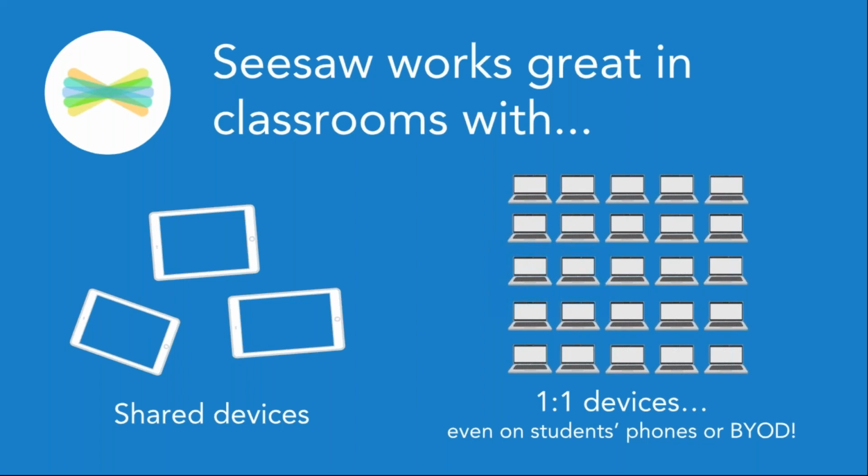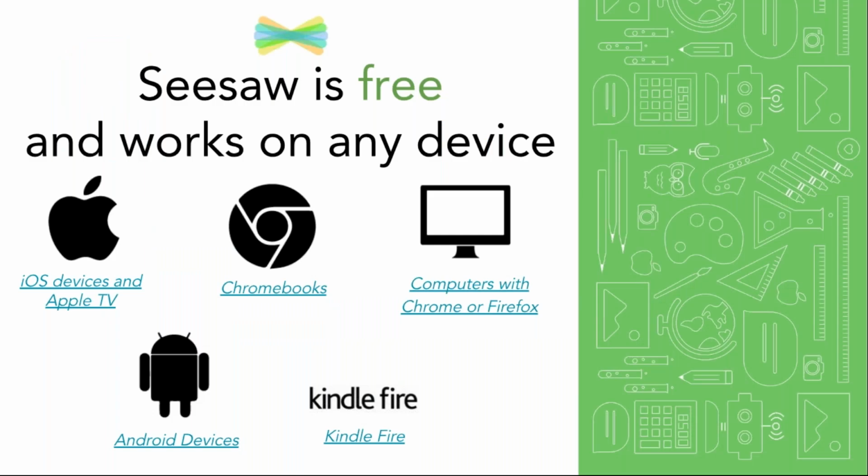But it's also great if you're one-to-one. I know some schools as well, older students, older upper elementary might even bring their own device, like a phone or an iPad. Maybe they have their own laptop. But it's perfect for all of those settings. Whatever, if you have one device, you can do Seesaw with one device.